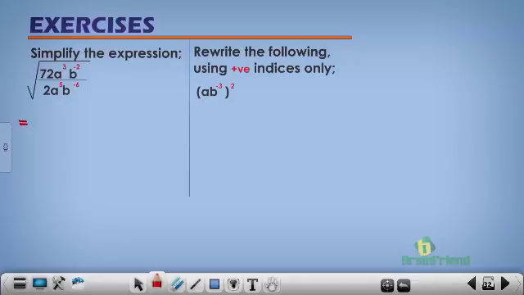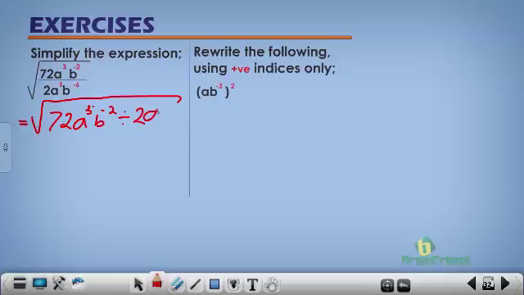In a straight line, we would have the square root of 72a raised to power 3 times b raised to power minus 2, divided by our denominator 2a raised to power 5 times b raised to power minus 6.